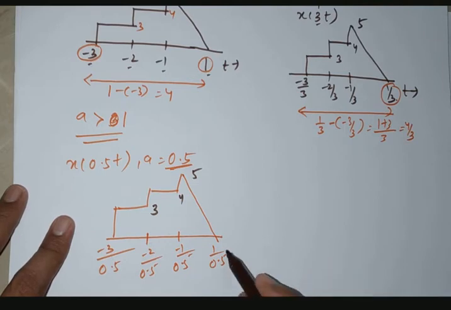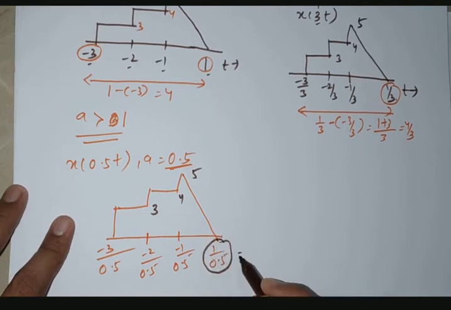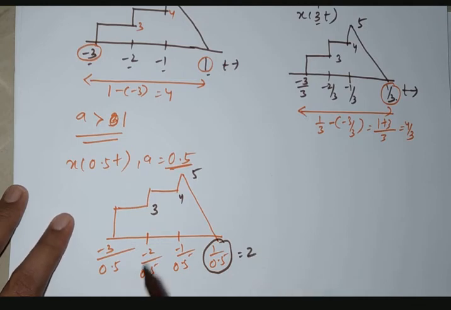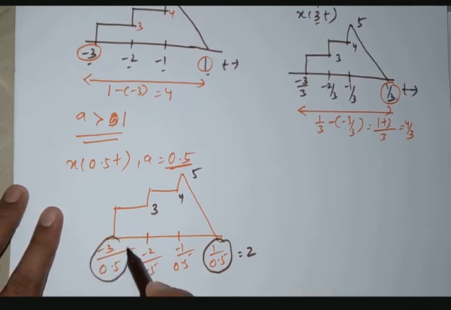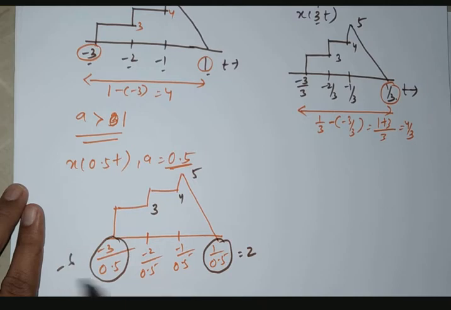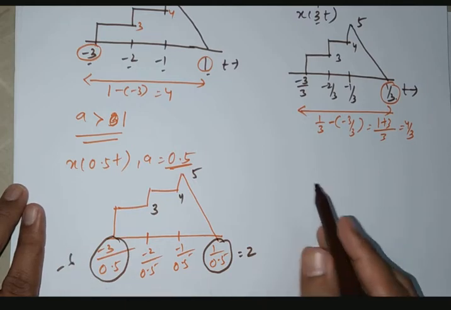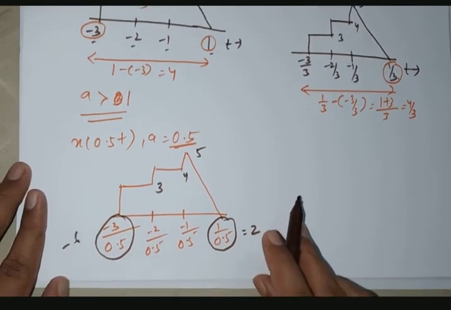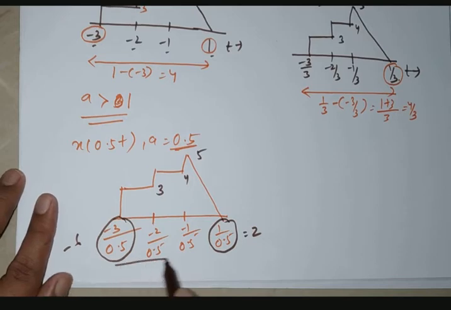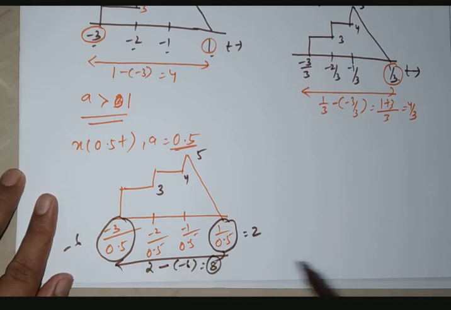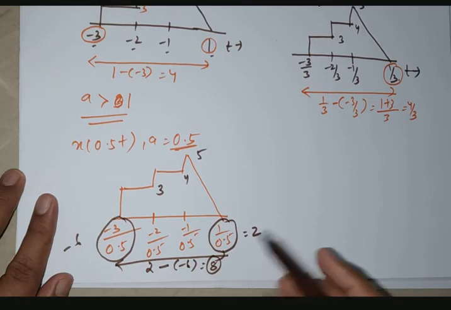Now what is the highest limit here? 1 by 0.5, which equals 2. And the lowest limit is minus 3 by 0.5, which equals minus 6. Again, if you want to find the width, highest value minus lowest value, it is 8.